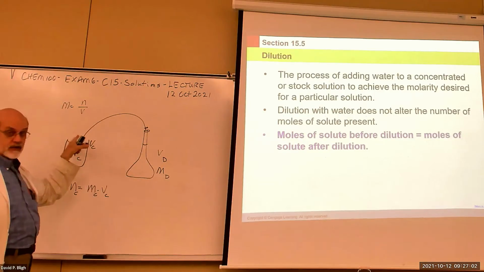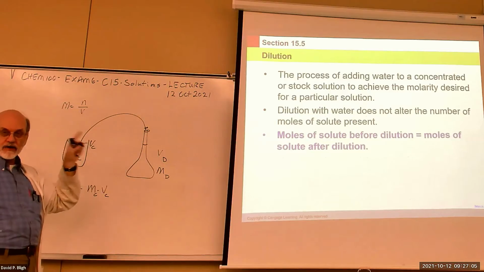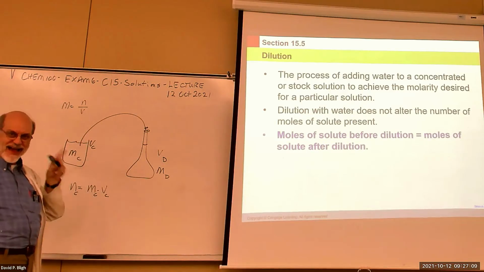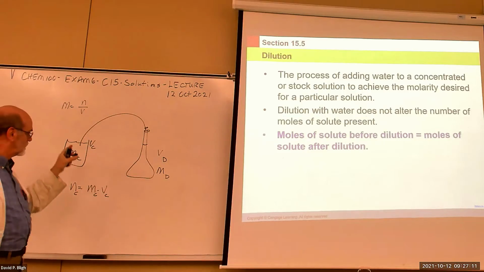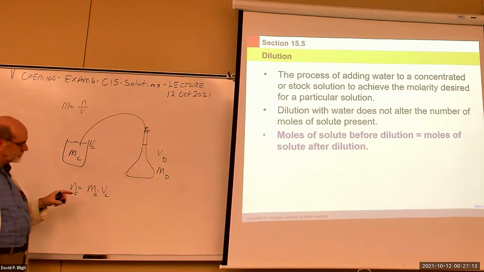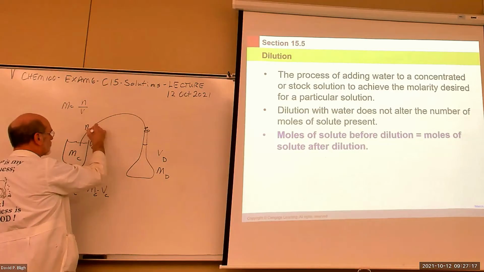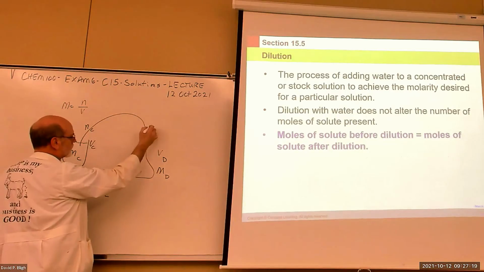And that has to be accurate also. We use volumetric pipettes usually to draw out an exact volume of the concentrated. Okay? So we're transferring moles here over to moles here.